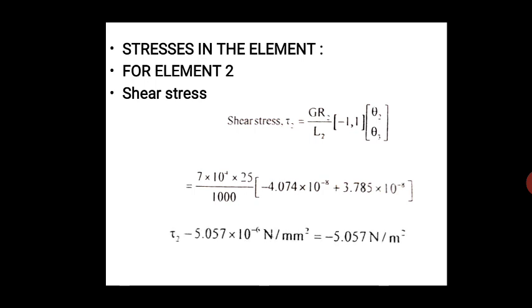On solving, the shear stress developed in element 2, tau 2, is equal to minus 5.07 into 10 raised to minus 6 Newton per mm square, or minus 5.057 Newton per meter square. This is the shear stress in element 2.